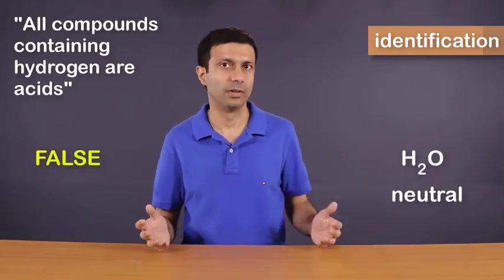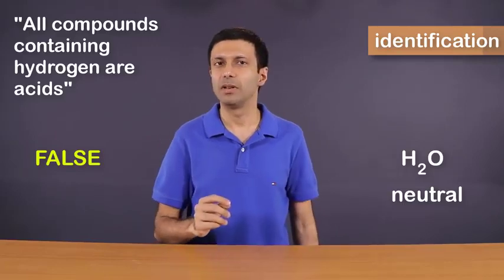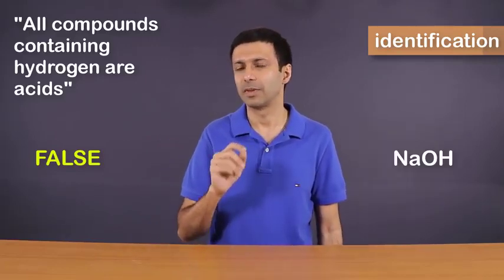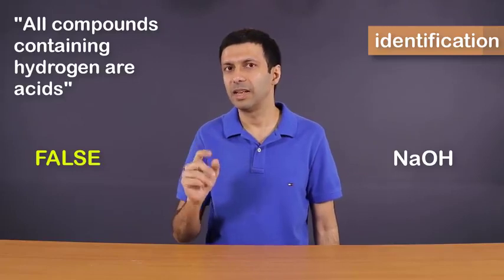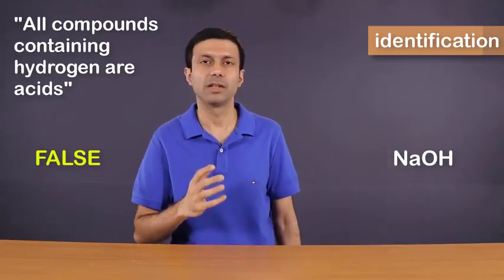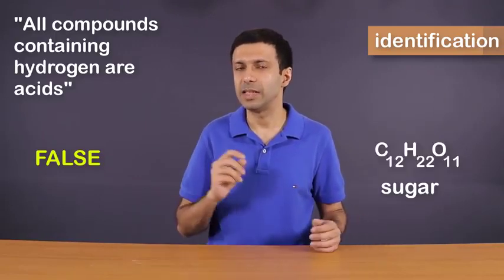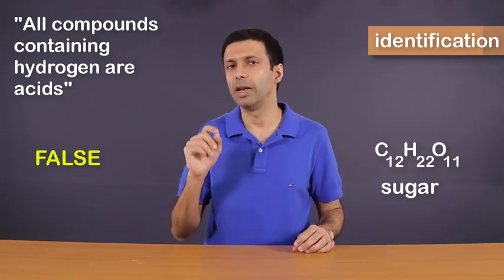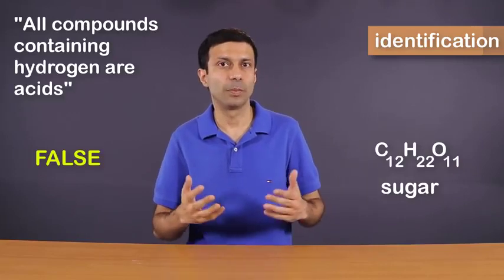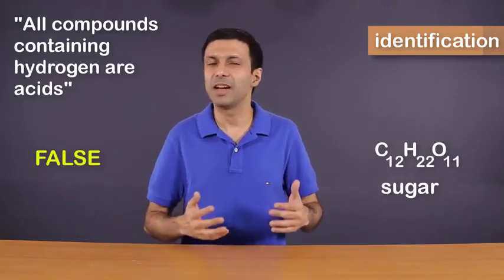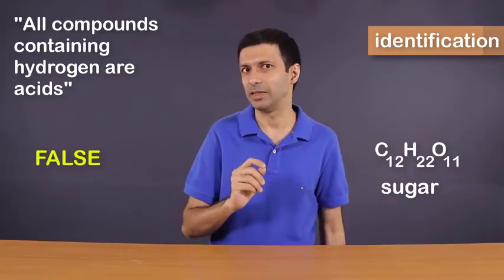Water is neutral. Another example is sodium hydroxide, NaOH. It contains hydrogen, but it's a base. And the sugar that we eat, C12H22O11. Sugar doesn't show the properties of an acid. It doesn't have a sour taste. It's sweet.